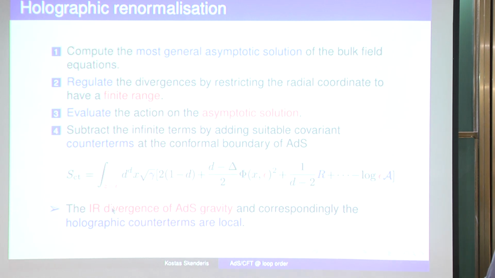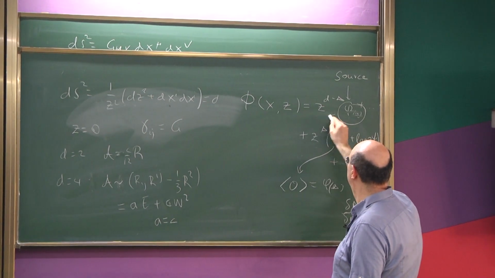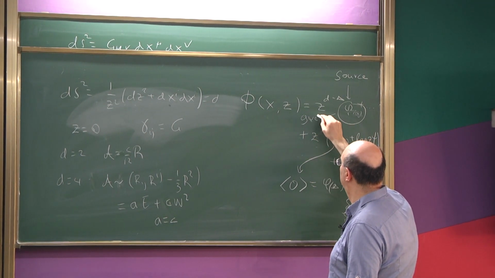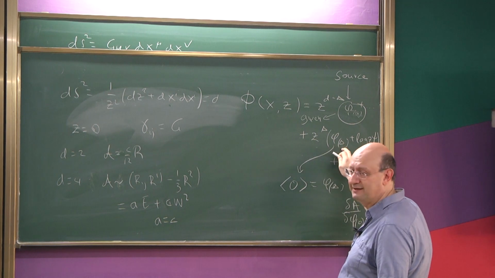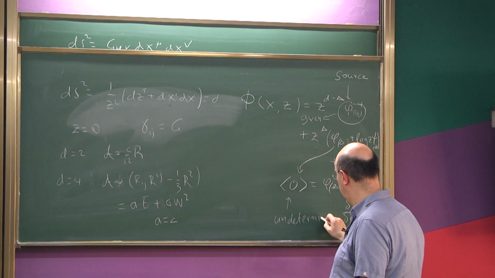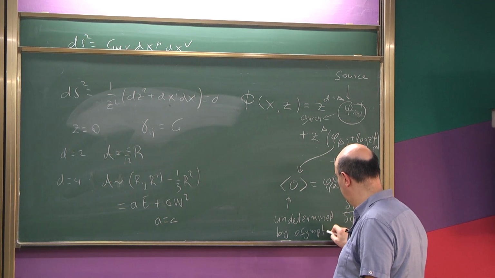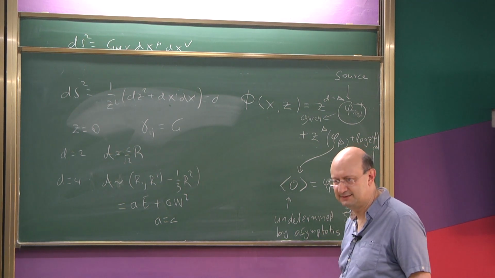No, I'm not assuming that. This is only required for UV issues. Let's go back here. I'm telling you this is the behavior of the asymptotic solution, so this is given. The field equations do not determine this one; it is undetermined by asymptotics.